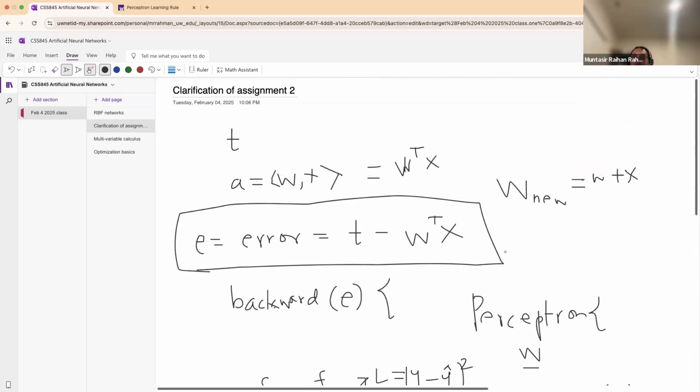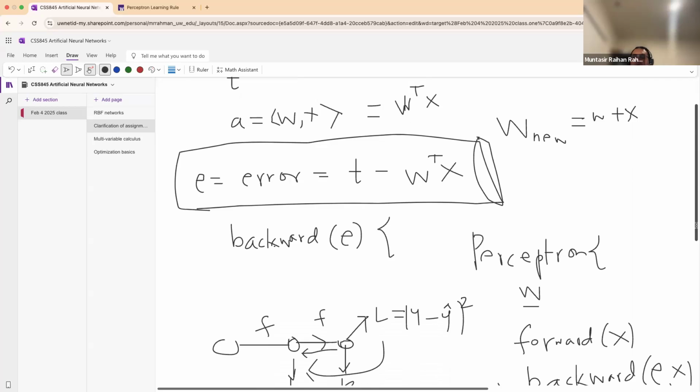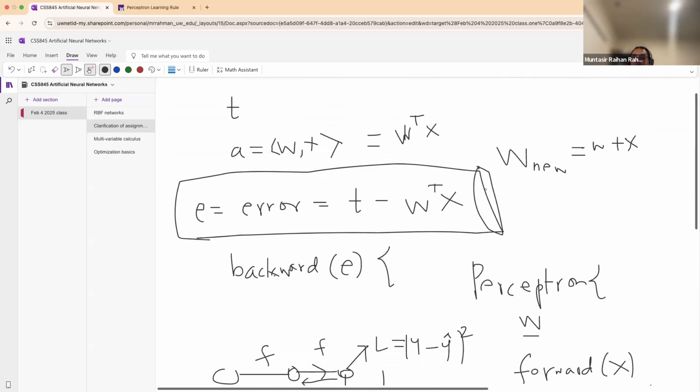Going back to Anup's question, I'll double check. I believe I had a way of making sure that you can have a perceptron rule for this, but to make your life easier, you just make X an additional parameter. I'll look at my notes and figure out what rule I had in mind.